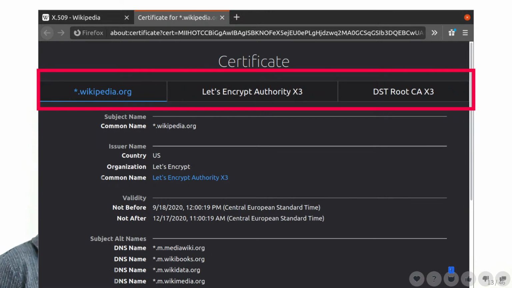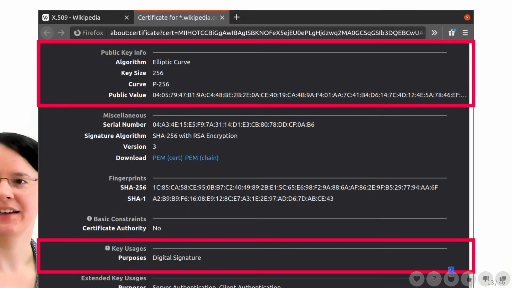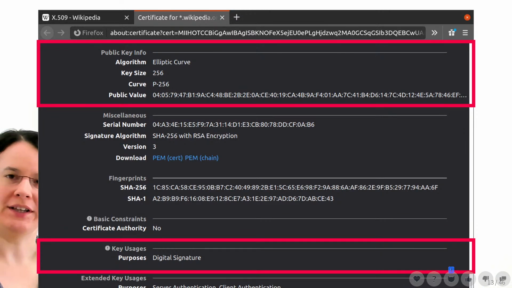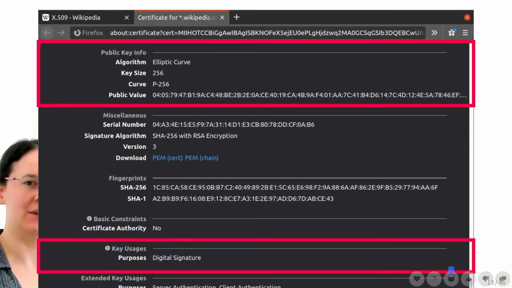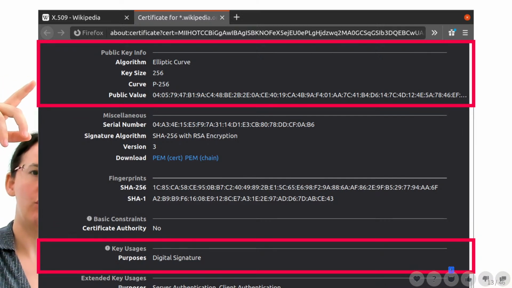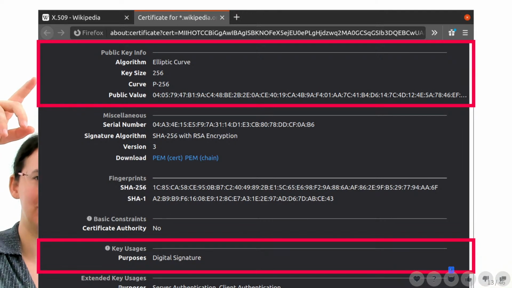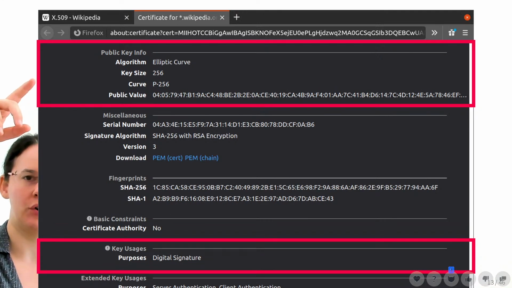Okay, so you can find some more technical information about the certificate if you click somewhere on the details button, which I don't see here. But what you get in that case is this information. So here you get more information about the crypto that this certificate is valid for. So it says here, we have a public key for an elliptic curve crypto system. We'll get to that in a moment. So it's not RSA, it's not classic Diffie-Hellman, it's an elliptic curve system.